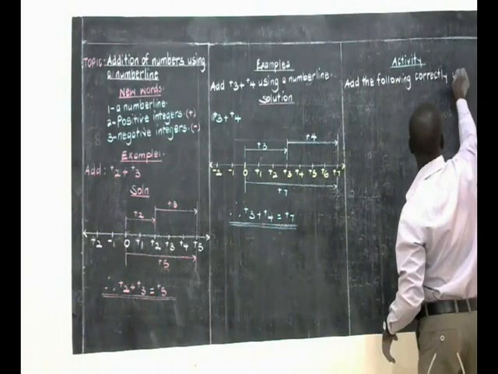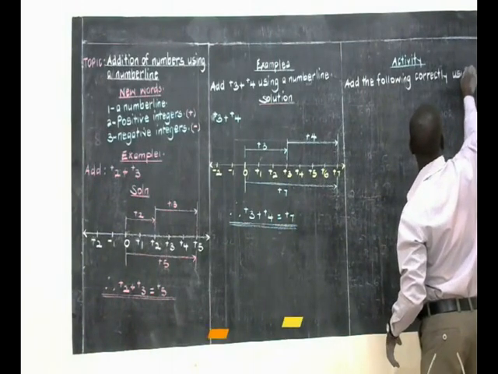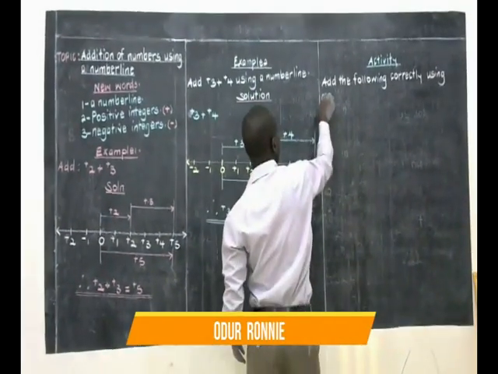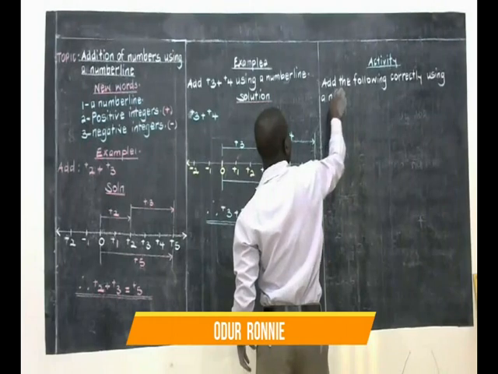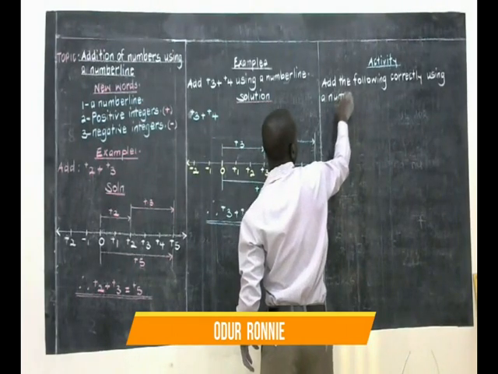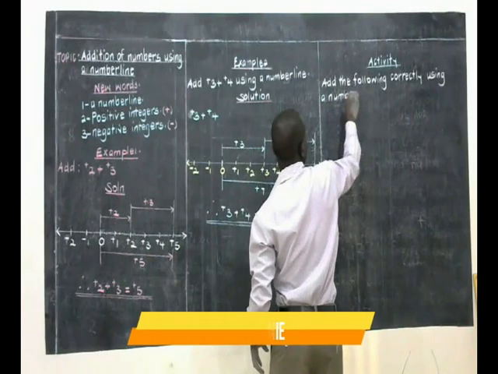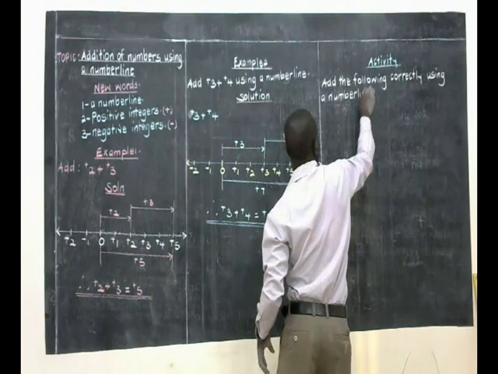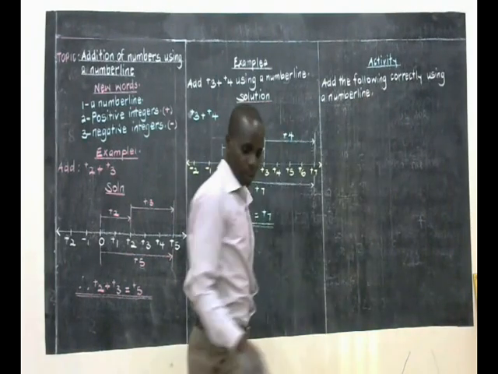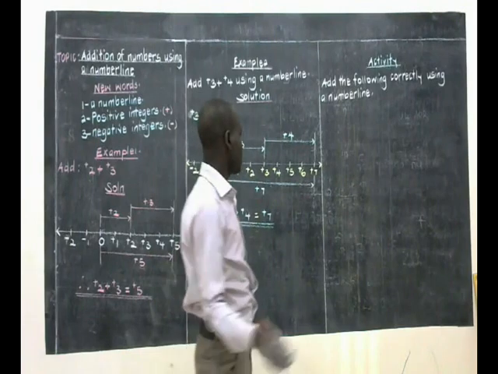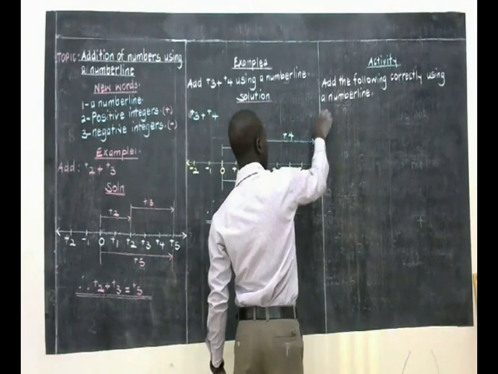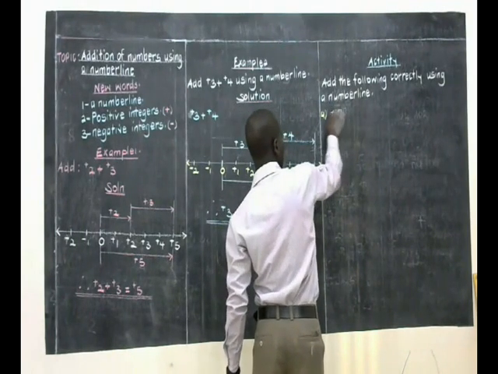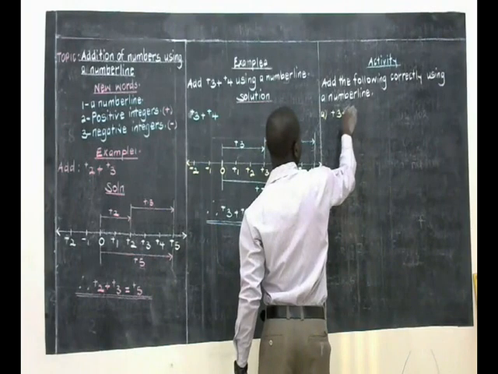Using a number line. Number 1, A part of it is positive 3 plus positive 2.